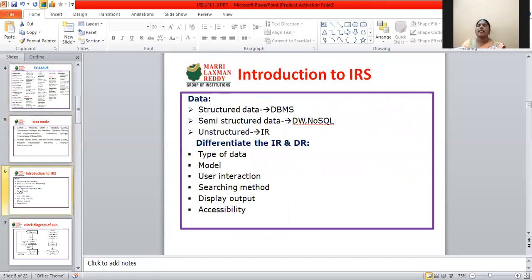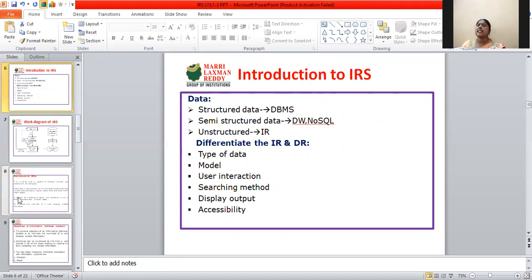Coming to the next point, the data and the difference between information retrieval and data retrieval. Anyway, the data is organized into 3 categories: structured data, semi-structured data, and unstructured data. Structured data is nothing but data in the DBMS, the database management system.